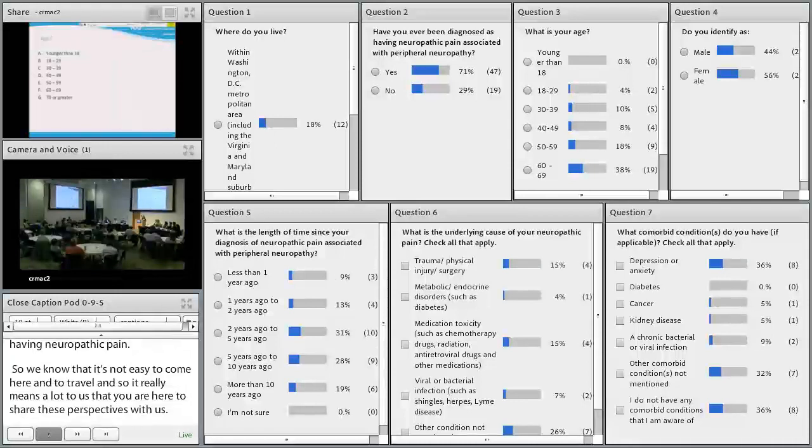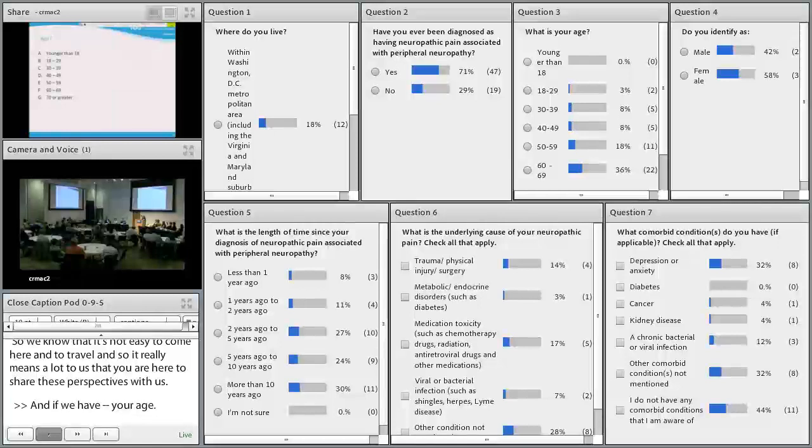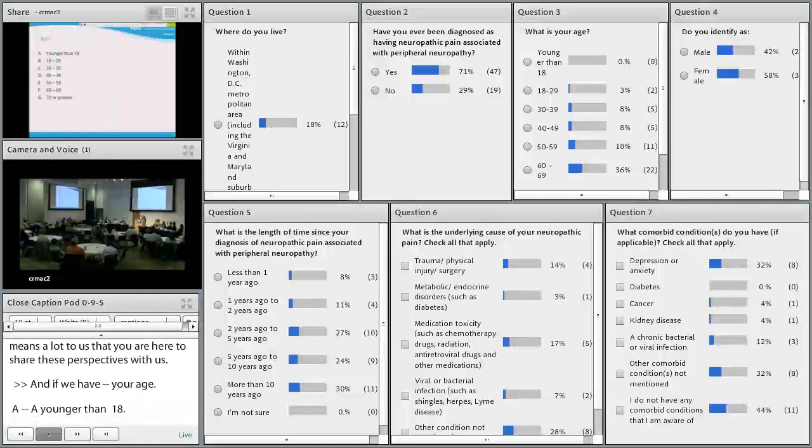Okay. Your age. A, younger than 18. B, 18 to 29. C, 30 to 39. D, 40 to 49. E, 50 to 59. F, 60 to 69. G, 70 or greater. Okay, so it looks like we have a pretty good spread. The majority of you are in the age 60 to 69.